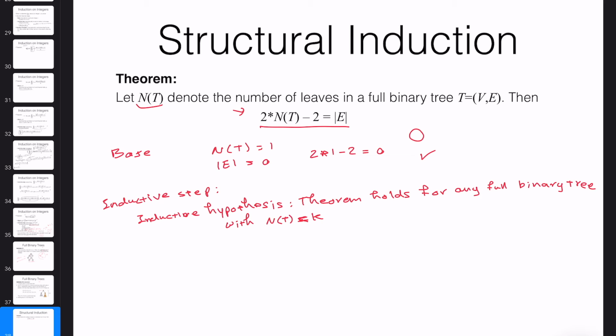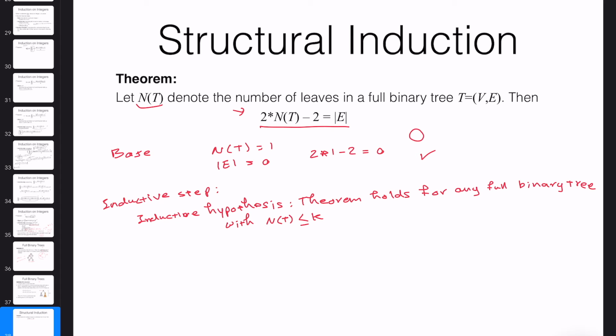Okay, remember that S of k, we assume that is correct. We want to prove that for any binary tree with leaf nodes less than or equal to k, the theorem holds. So let me write it as less than or equal to k. For all the binary trees with the number of leaf nodes less than or equal to k, the theorem holds.